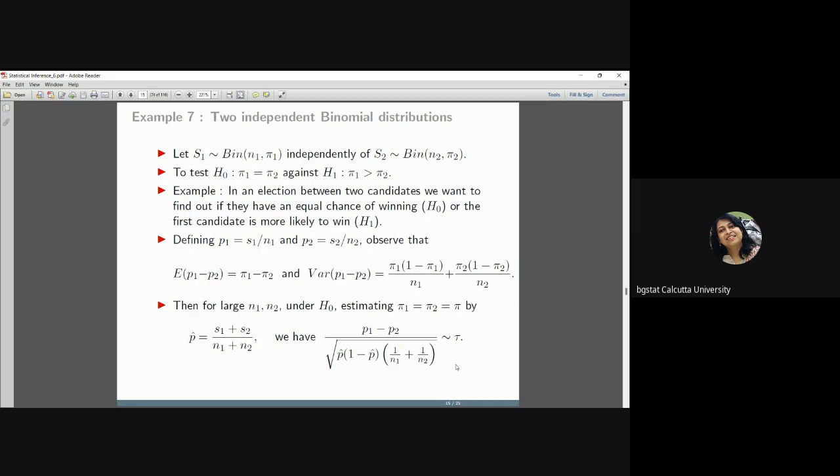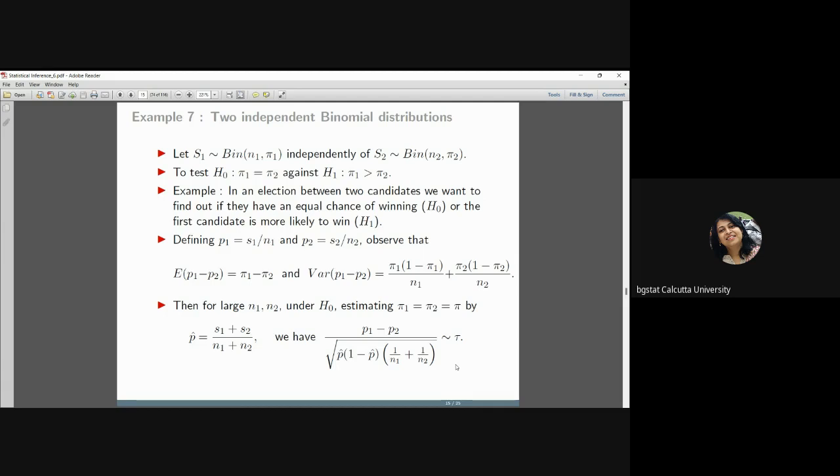It's given by P1 minus P2, the difference of the sample proportions, in the numerator. In the denominator, we have the square root of P hat times 1 minus P hat times 1 over N1 plus 1 over N2. N1 and N2 are the two sample sizes.